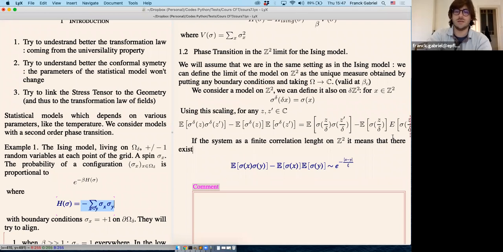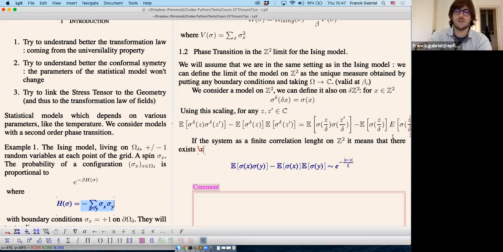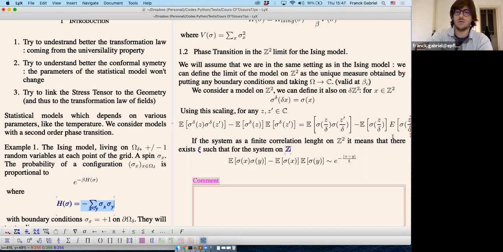So this here really is the system on Z2.